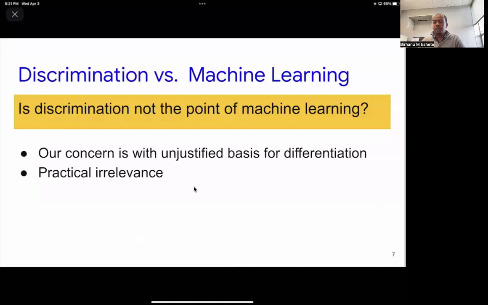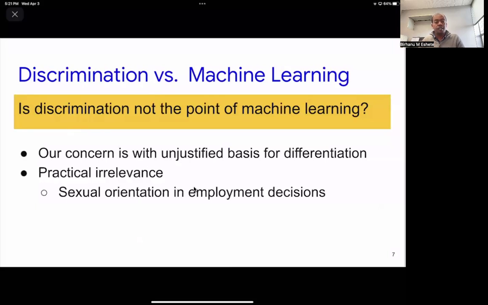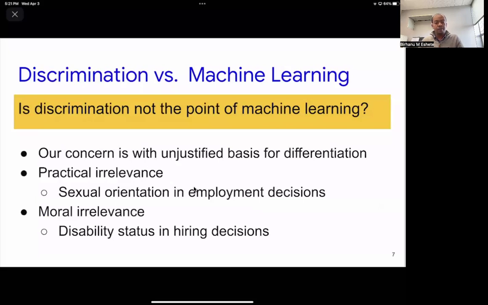For example, we could have this practical irrelevance of a machine learning model that would use sexual orientation to make employment decisions. Or you could also have this moral irrelevance of discrimination when disability status is front and center in a hiring process, in making a decision as to whether you're going to hire somebody or not, right? So that is the rationale, that is the context we're coming from when we talk about discrimination versus machine learning.